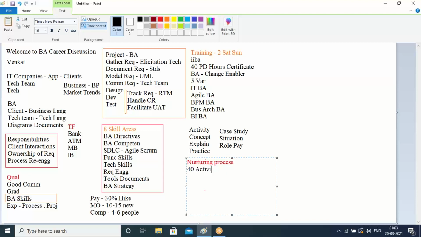The student coordinator will be assigning you the work, and once you do it, the mentor will evaluate it and give you feedback on what went wrong, what is correct, and where you have to improve. All these things they'll be discussing with you.